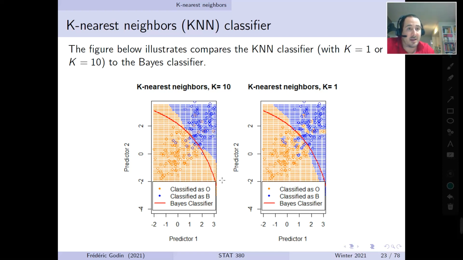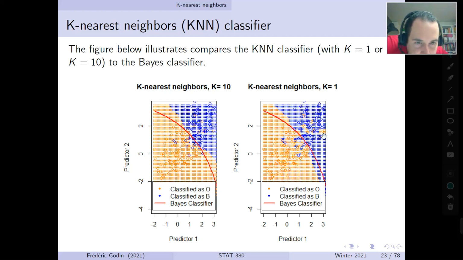So why does it stabilize the prediction? Well, we'll compare to K equal to 1 and understand this. Conversely, for K equal to 1, we have a bit less bias because the pattern is somewhat better captured. There's a closer resemblance between the optimal curve here and the regions classified as blue and orange. But for K equal to 1, we have some overfitting.